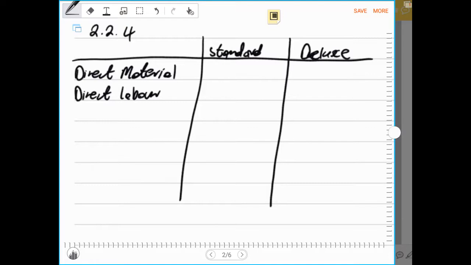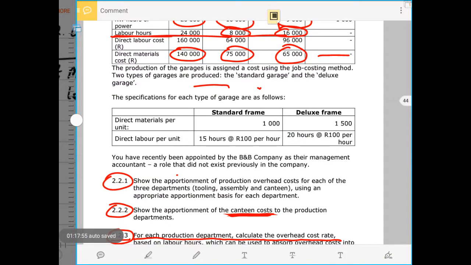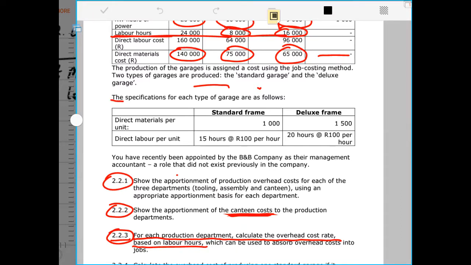Then when we take that into account, we say our direct material is given to be 1000. Okay, it says the specification for each type of garage are as follows.